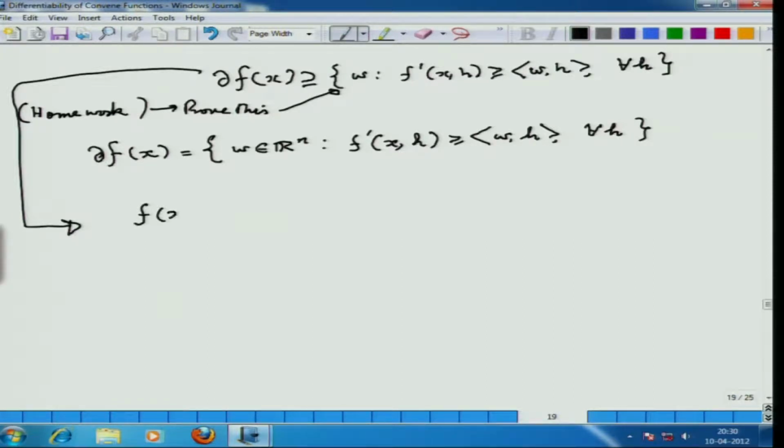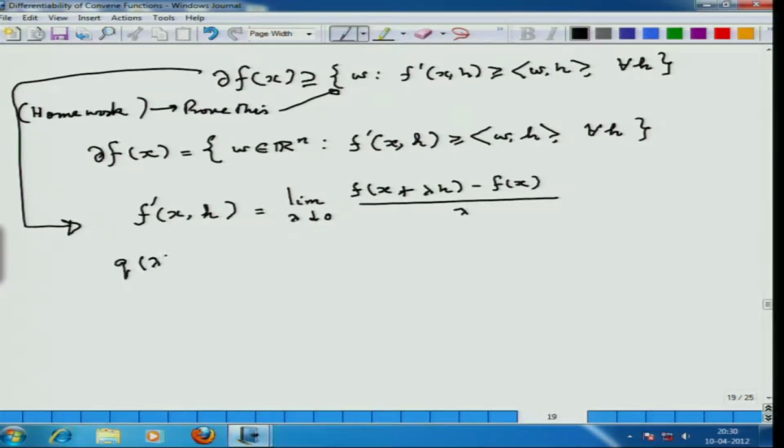If you look at this expression, for a fixed lambda and fixed x and h, this difference quotient is a function of lambda.